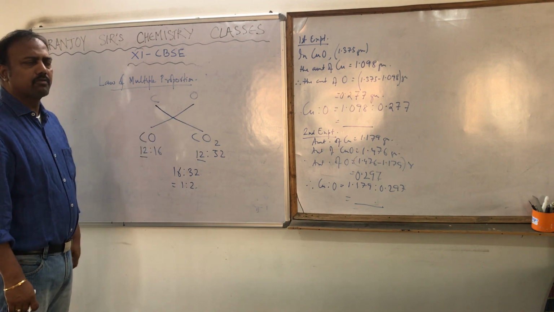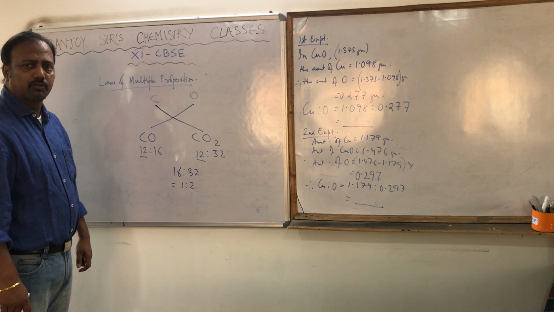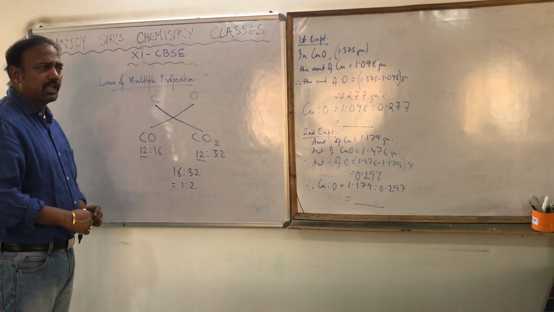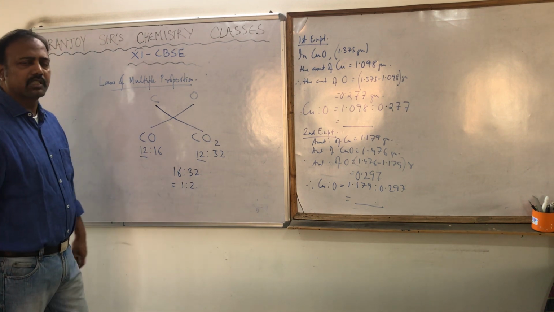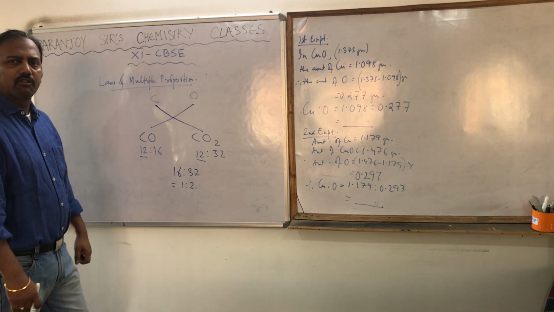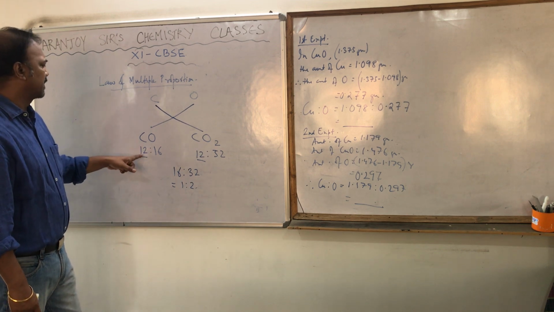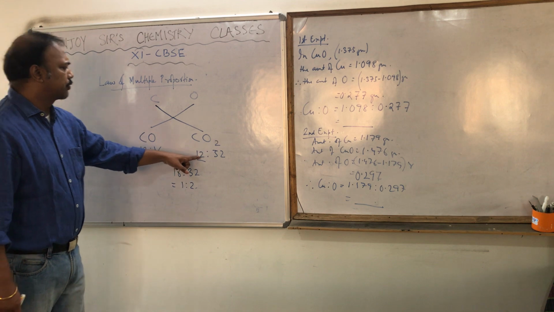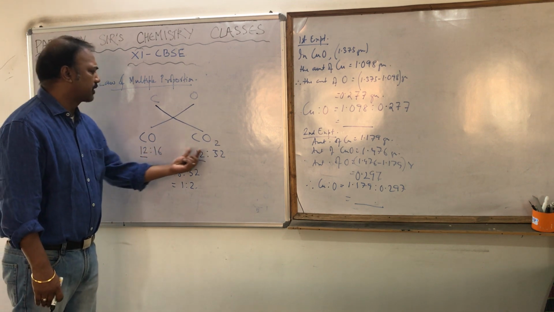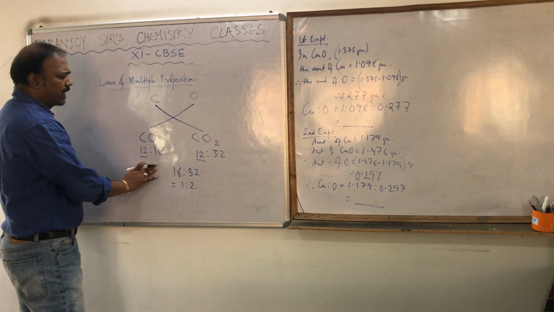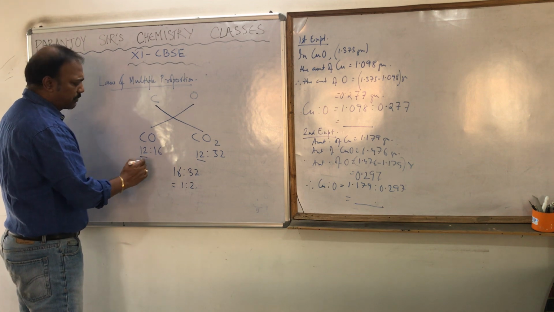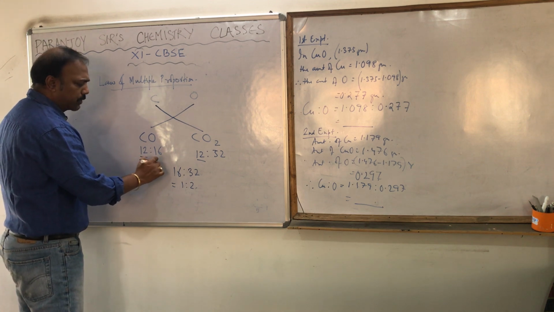Now let us try with oxygen fixed in this example. Obviously, if you fix the oxygen, it should also follow the law of multiple proportion. It's 12 is to 16 and 12 is to 32. So we fix oxygen by multiplying the first by 2, which gives 24 is to 32.